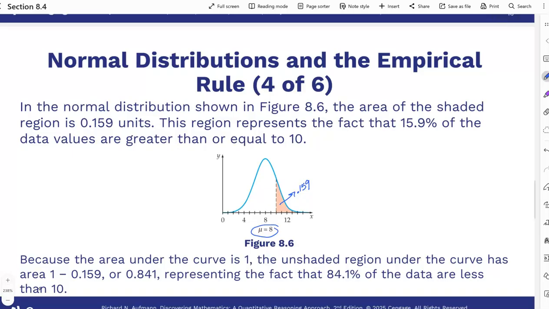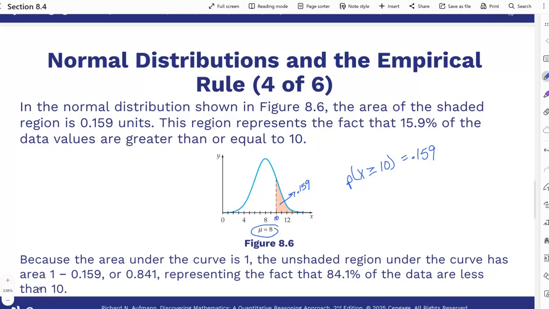So to write this as an inequality, what this means is that if I'm looking at the probability of x values being greater than or equal to 10, then that probability is that area under the curve, which is 0.159.